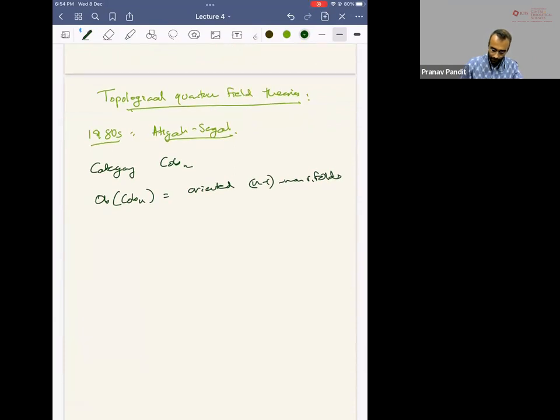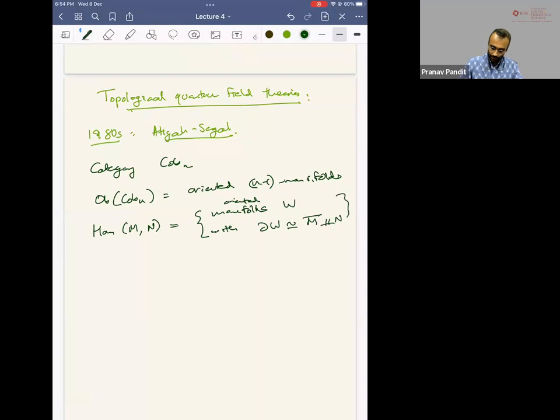Morphisms of Cob_n, Hom from M to N, are oriented manifolds W with boundary of W identified with M with the opposite orientation, disjoint union N.